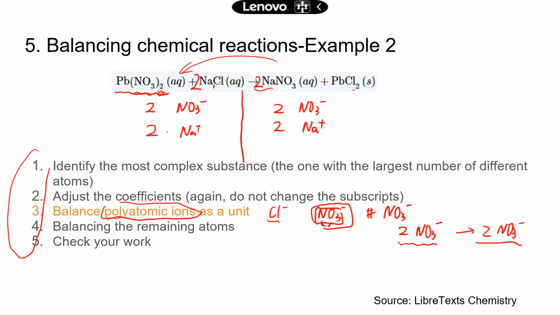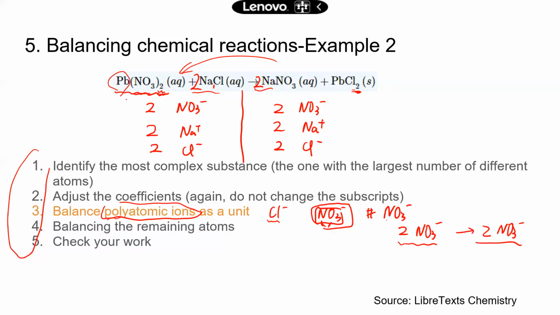Sodium is balanced. Now let's look at chloride, right? Because now you have 2 chloride there. And when we look at the product side, see, chloride already has a subscript of 2. So you don't need to do anything about chloride. It's balanced already due to the adjustment of coefficients. So now we just need to make sure that lead is balanced.